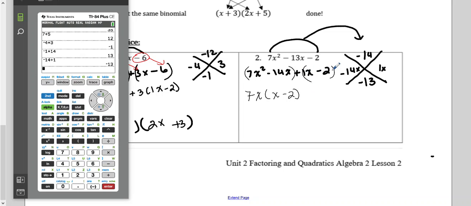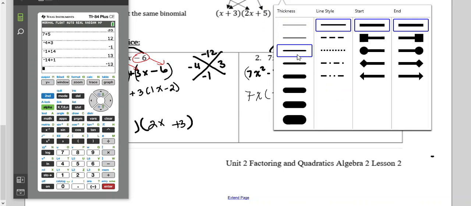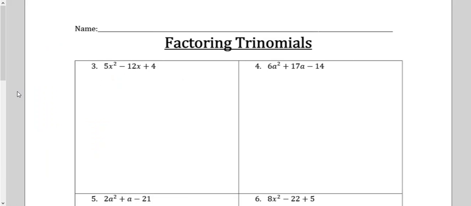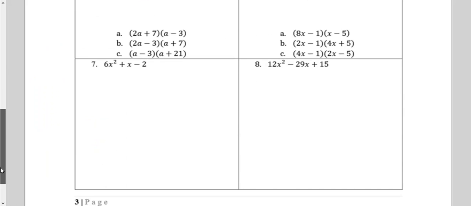If there's not a common term between these two, just factor out a 1, okay? Hopefully you get the same thing here. So you have x minus 2 in here, and then 7x plus 1 here, okay? Alright, the next page, I just have a bunch more examples here.